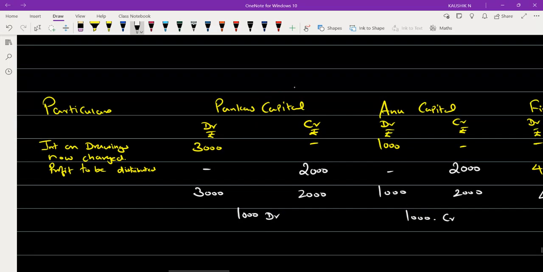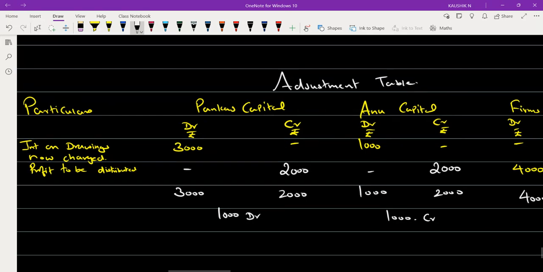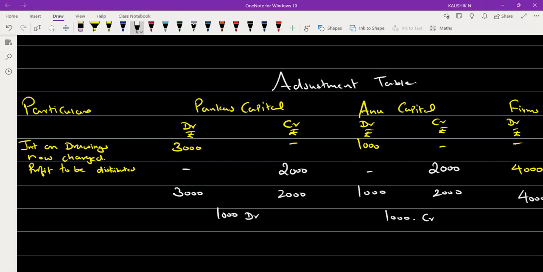You have to write on top as adjustment table. Complete it with the journal and then let me know. We'll go for the next question then.